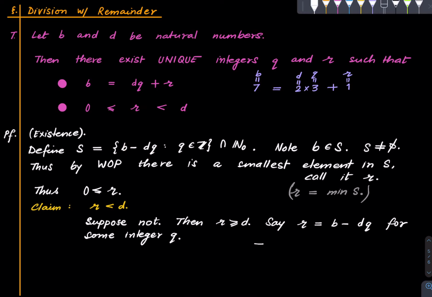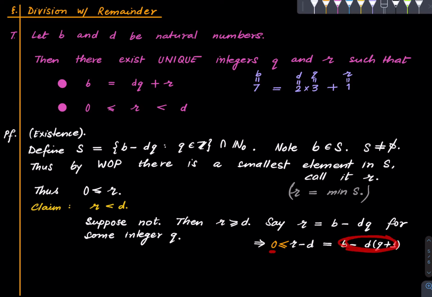Therefore, R minus D is equal to B minus D times (Q plus 1). But here is the key point. R minus D is at least 0. Why? Because of our assumption that R is at least D, and therefore R minus D is at least 0.